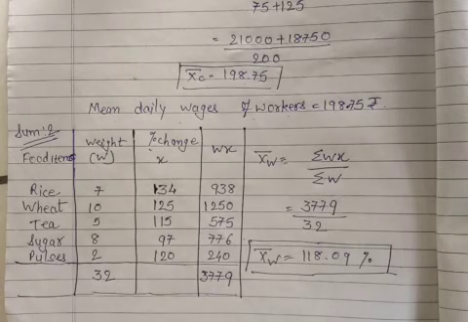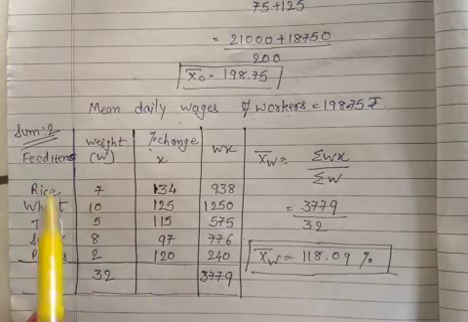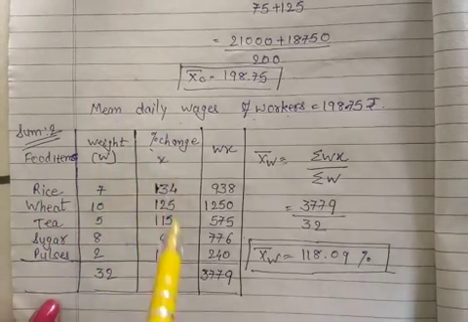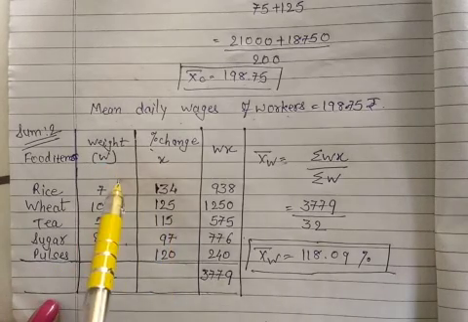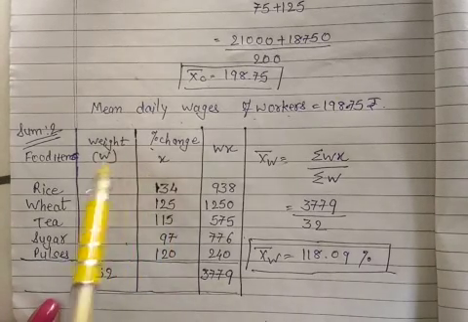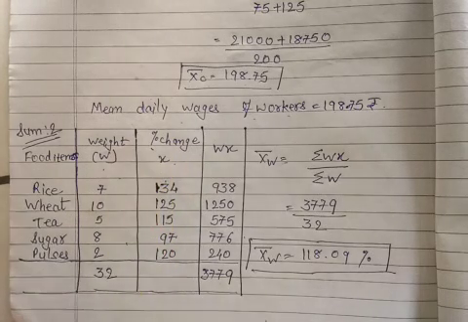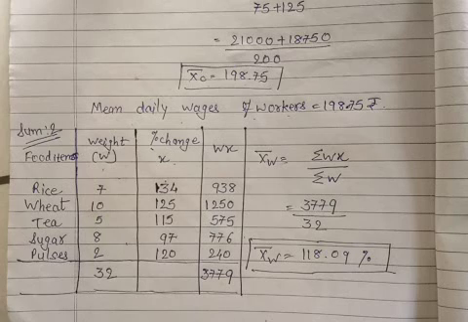First column I have written for the food, then the weight, then the percentage change. I have taken weight as w, and the percentage change is our x value. Previously I said that we take x and y, but I forgot that this is the weighted mean method.